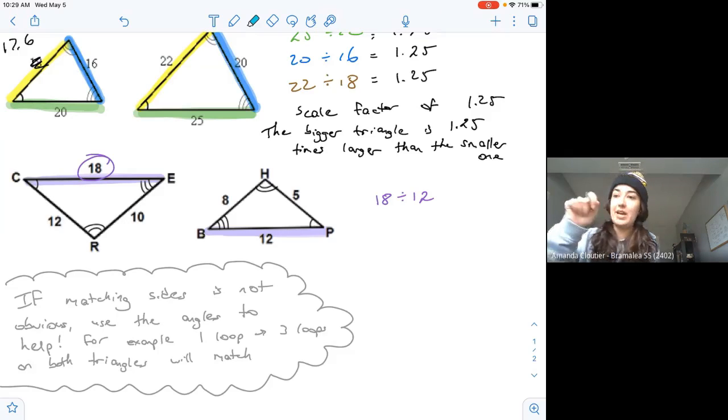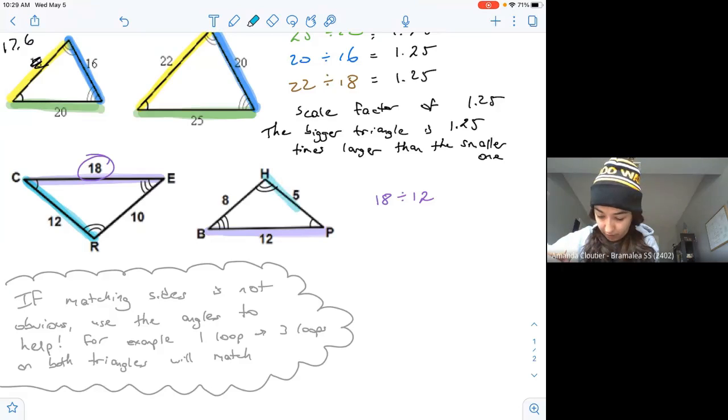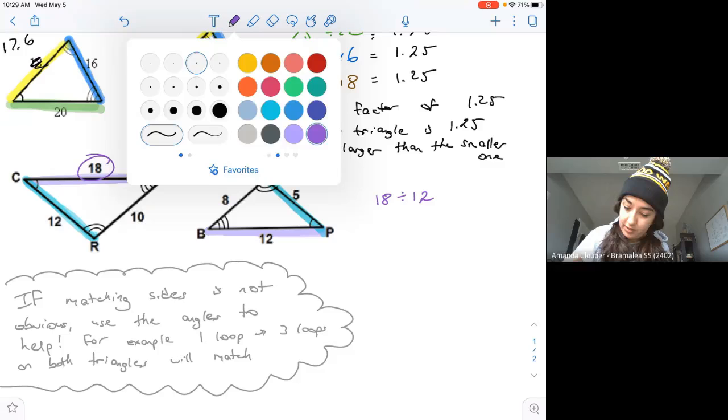CR and HP. Excellent. Nice, Mustafa. CR is a 1 loop to a double loop. So we're going to go 1 loop to double loop. That matches there. Perfect.